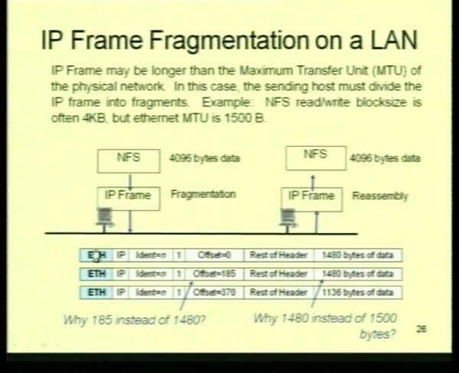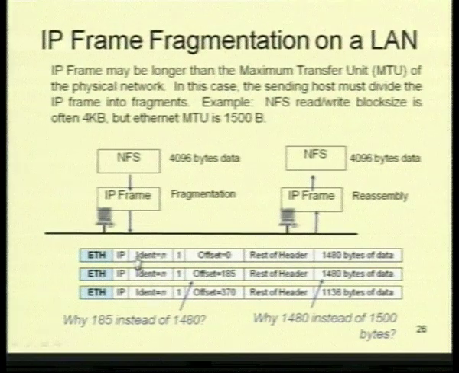The Ethernet header will be there, which is followed by the IP packet as such. The identification field is N, which remains the same. The offset field for the first fragment is 0, then you have the rest of the header, and this carries 1480 bytes of data.